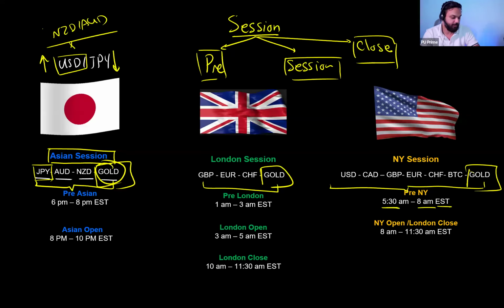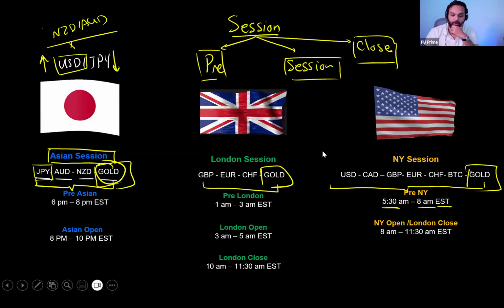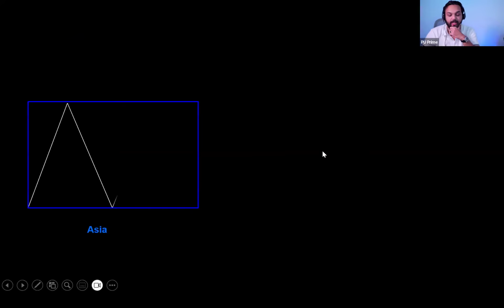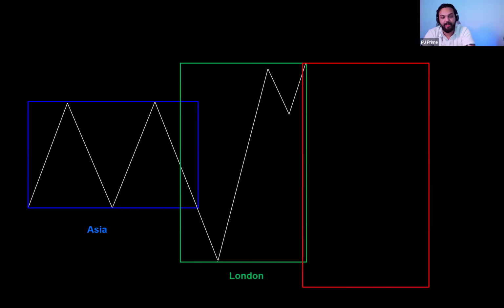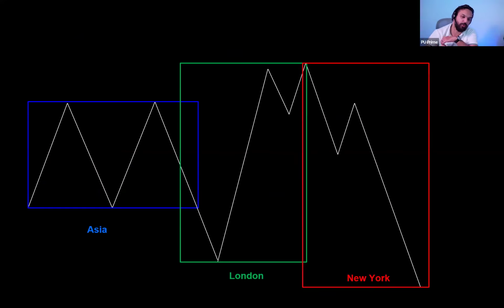Now, the most important thing, guys, is that the Asia session usually has a low volume. London has a high volume, and New York also has a high volume. Why did I show you this graph?